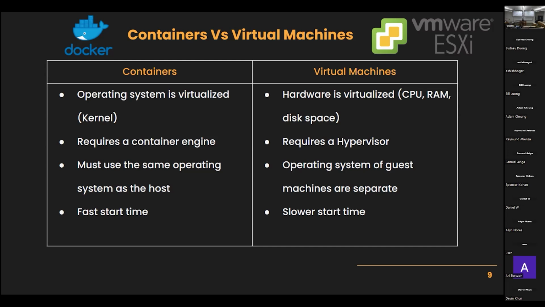So if I have a Windows machine with Docker on it, it can only run Windows containers, right? And if I have a Linux machine, I can only run Linux containers.